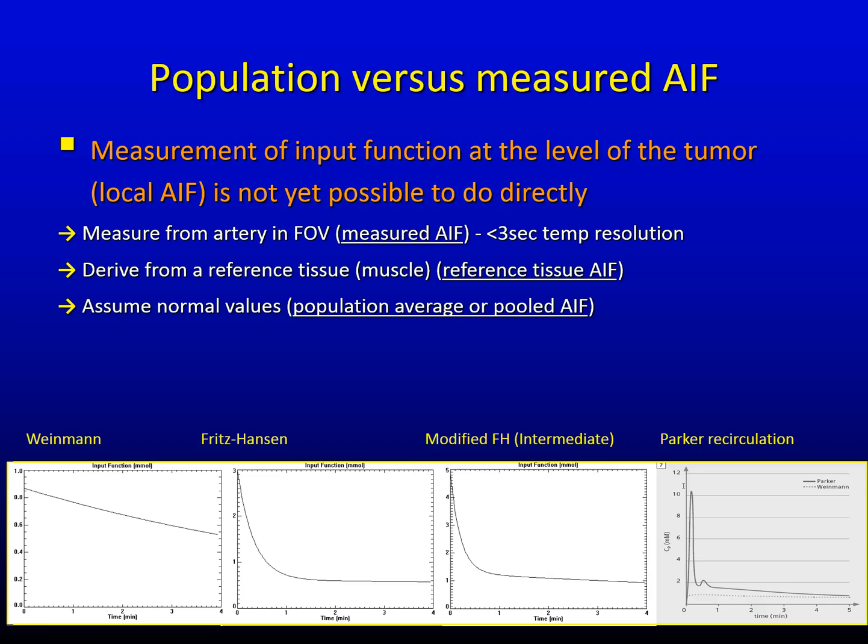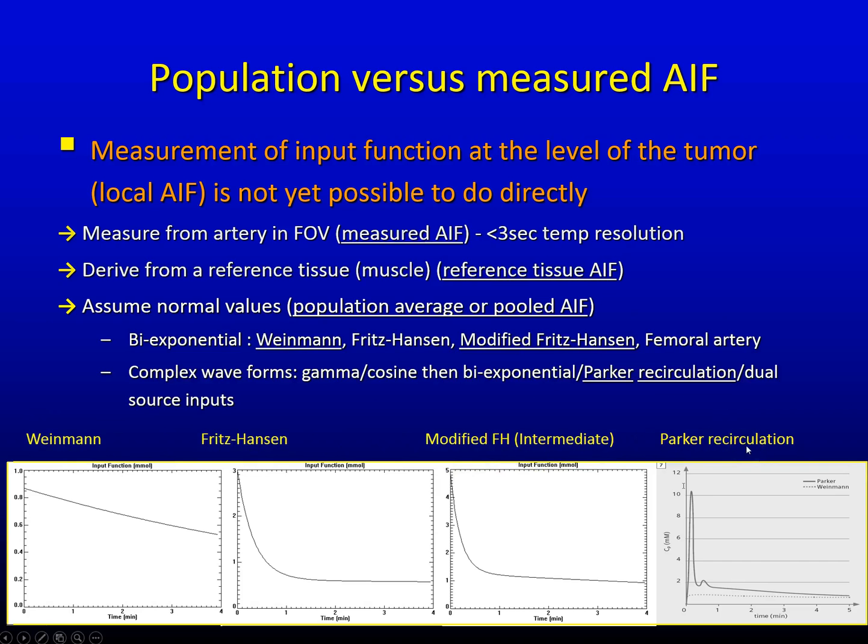There are several ways of obtaining an input function for modeling of DCE data. It is not possible to obtain measurements at the level of the tumor in most clinical studies. Mostly what you find in the literature and within software implementation is a population averaged or a pooled input function, and they go by various names such as the Weinmann function, Fritz-Hansen function, the modified Fritz-Hansen function, and the Parker recirculation.